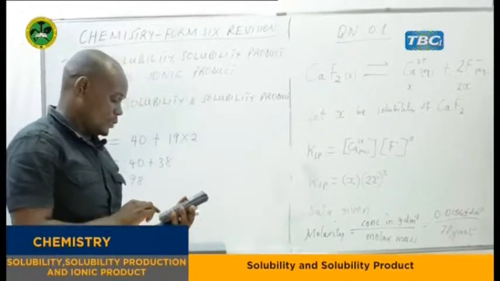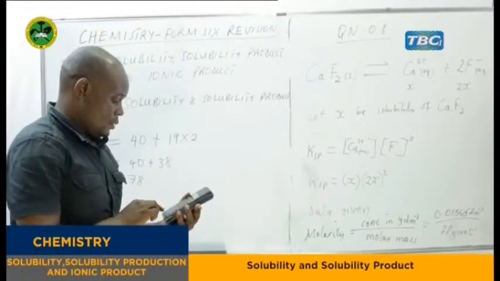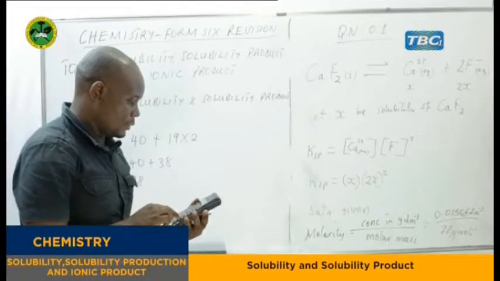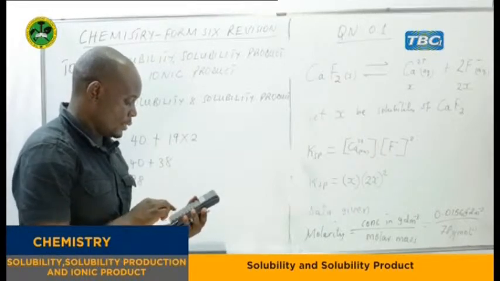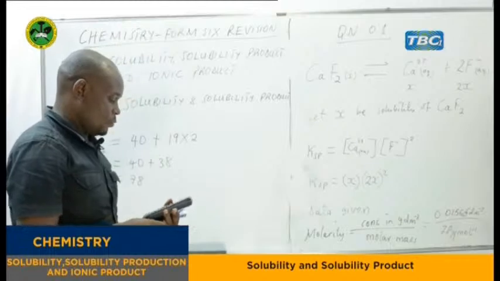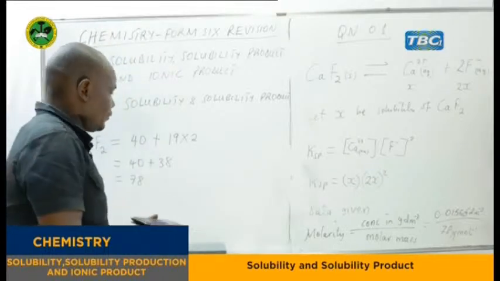So taking 0.0156, then divided by 78, the answer is 2.0 times 10 power negative 4.